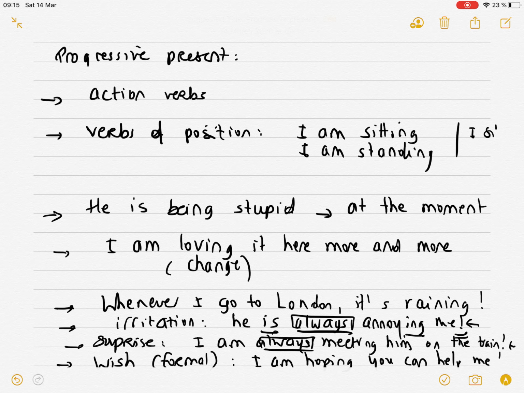I'm hoping you can help me. Hope is a verb that expresses mental state. So most of the time we say, I hope this, he hopes that. But in here, you are trying to be a bit more polite. I'm hoping you can help me, or I'm looking forward to you. This expresses a wish, but you are trying to be a bit remote or polite or distant from the person.